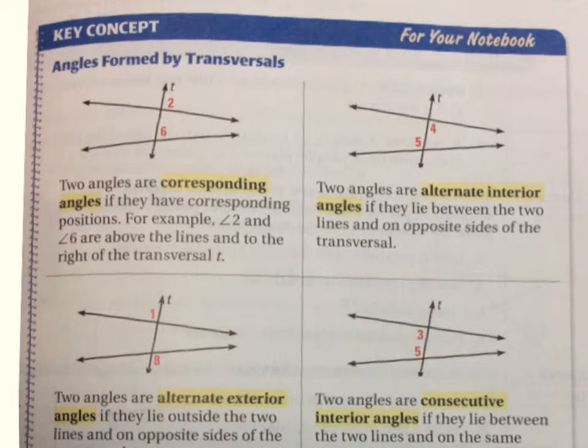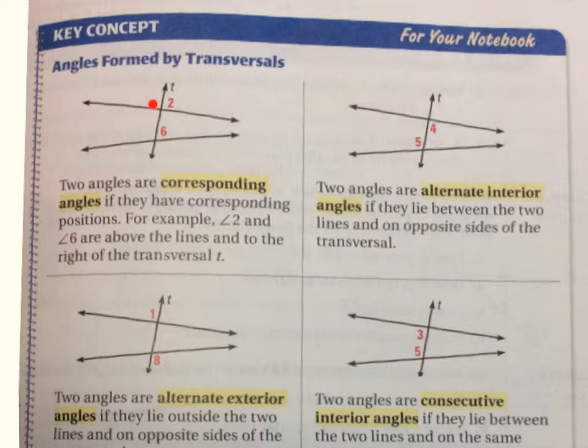So the first one here is corresponding angles. What you're looking for with corresponding angles is whenever, like, angle 2 is on the top right side of this line here, and angle 6 is also on the top right side, so they have corresponding positions there.